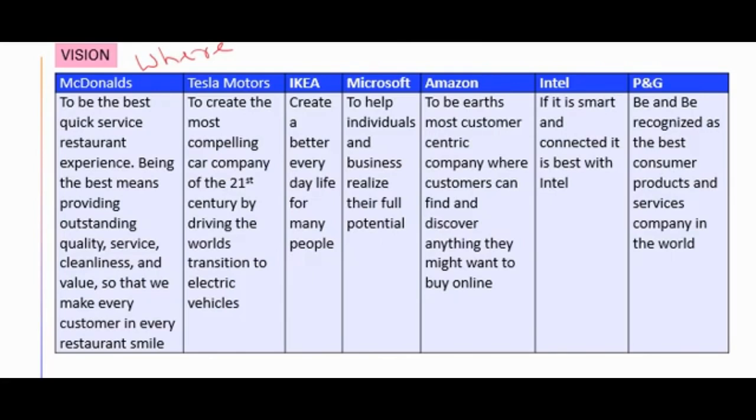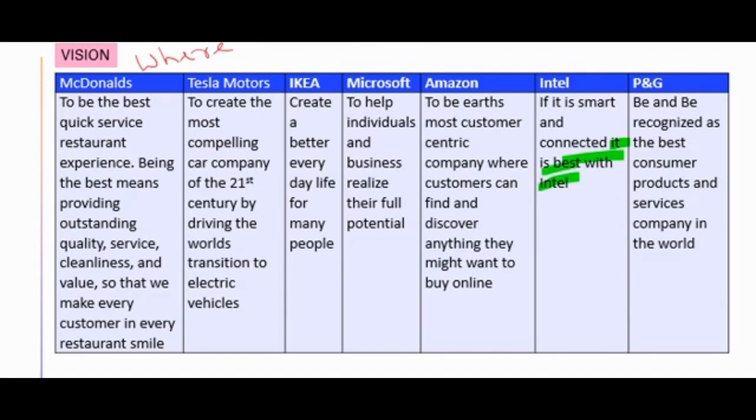If you take Intel, what it says is, if it is smart and connected, it is best with Intel. So they want to go to a place where, when people feel that connectivity is established, it is best with Intel.